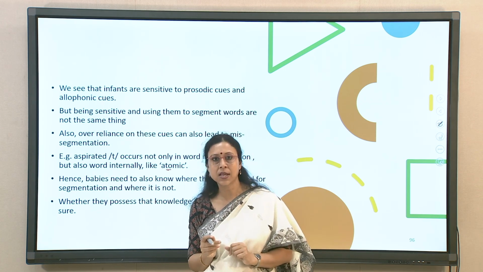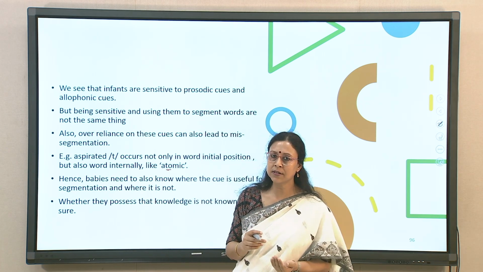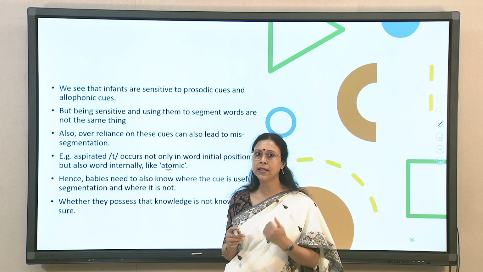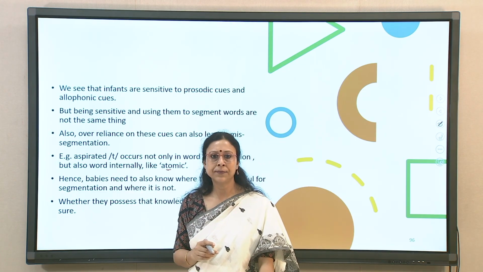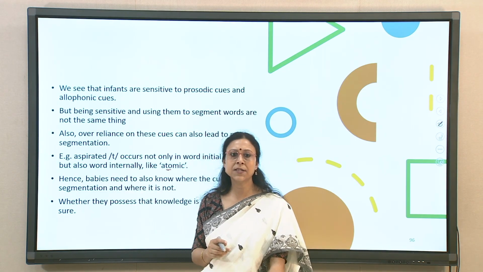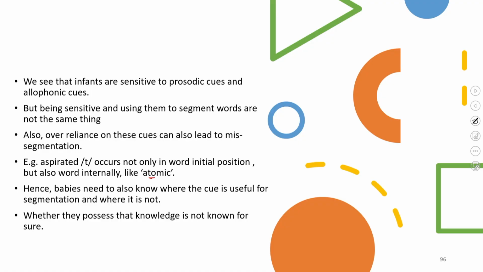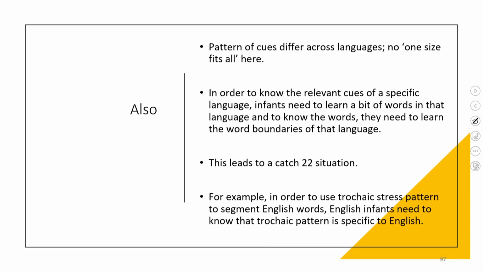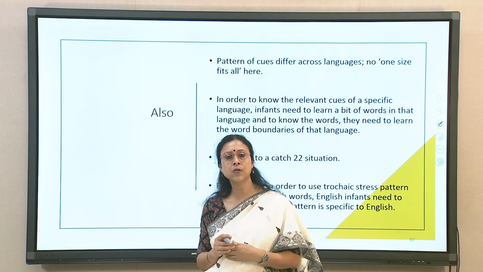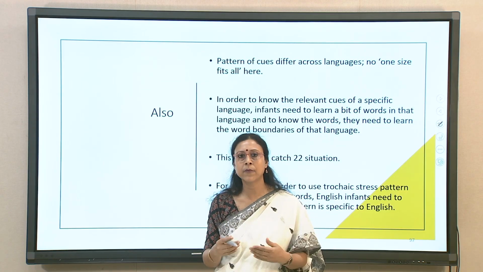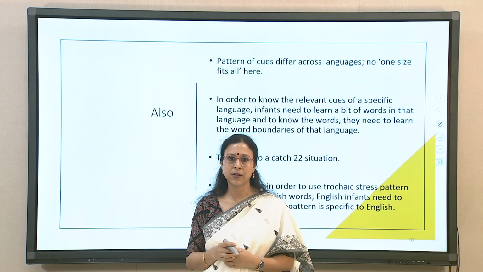These are exceptions, but if we use a generalized pattern, there will be an error. Hence babies also need to know where the cue is useful for segmentation and where it is not. Also, the pattern of cues differs across languages, so one particular format will not apply to all languages.